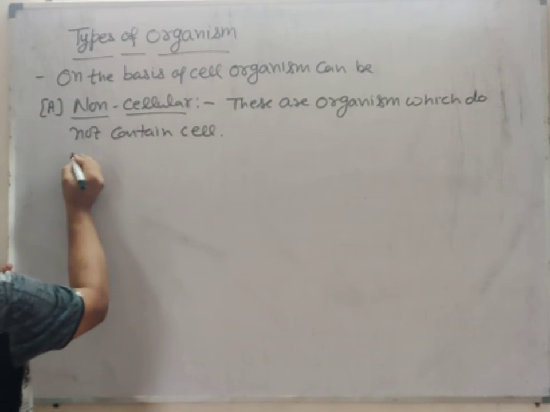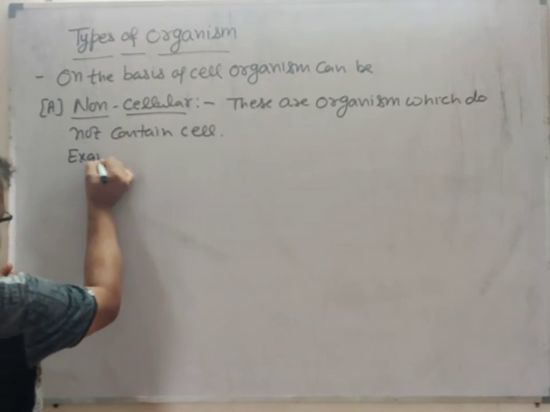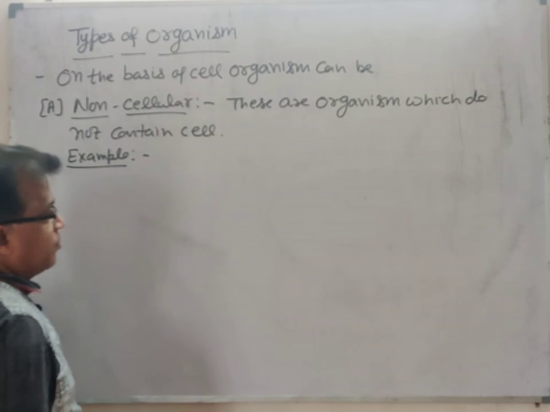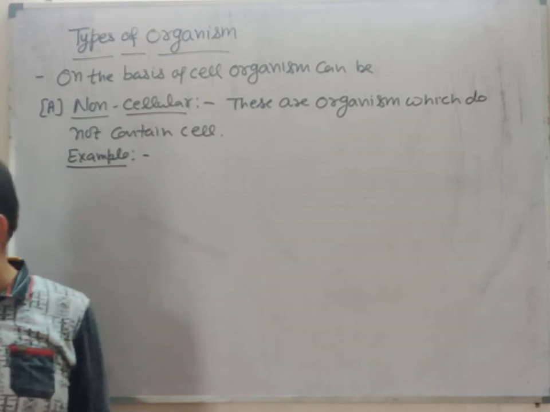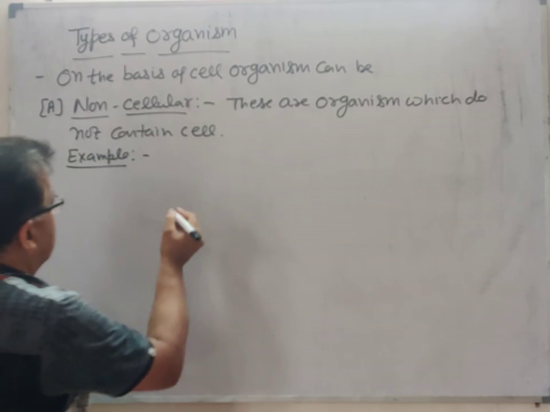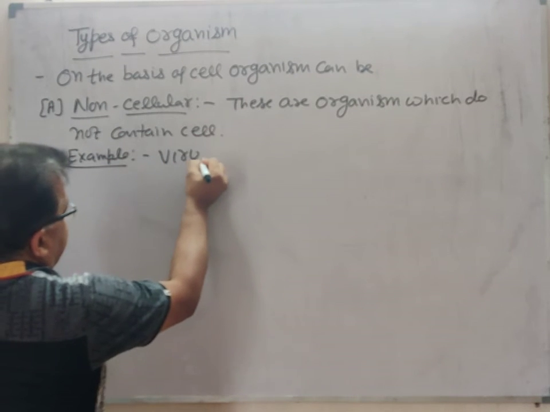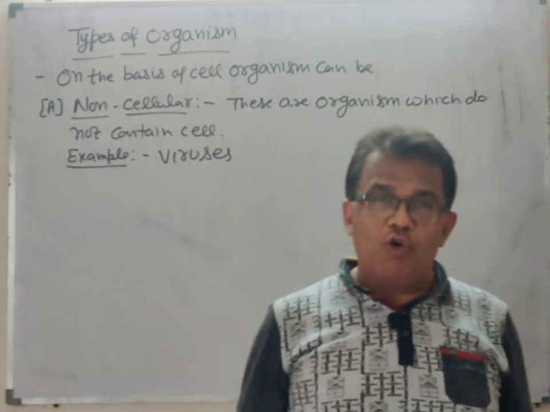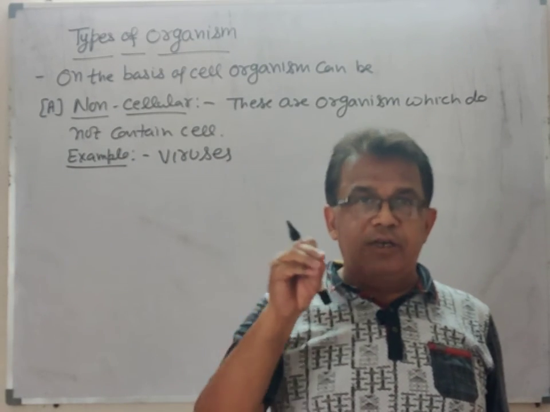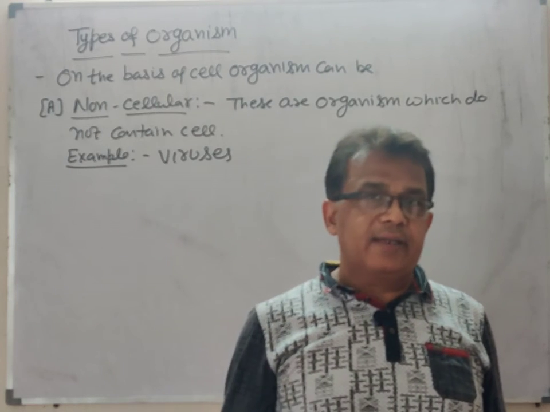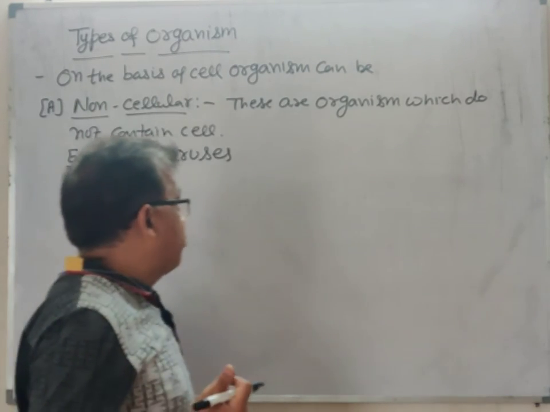For example, virus, they do not contain cell, they occupy the cells of other organisms. Virus does not have its own cell, it enters into the cell of another organism, controls that cell and performs reproduction there.